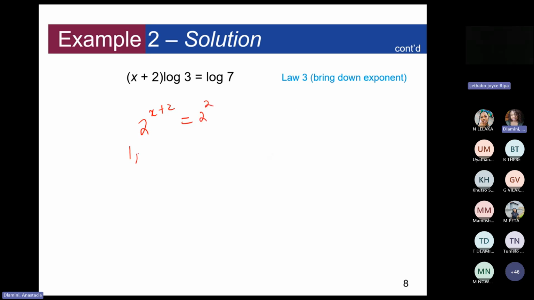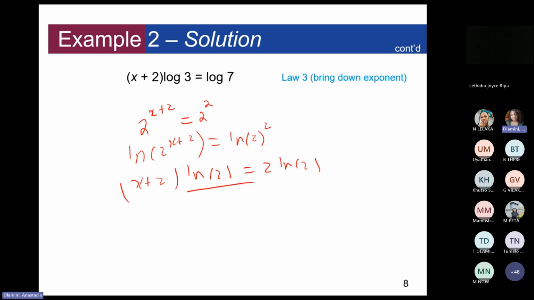If I introduce ln as well, (x plus 2) ln of 2 is equal to 2 ln of 2. Divide by ln of 2 on both sides, so the ln cancels. Then x plus 2 is equal to 2, so x is equal to 2 minus 2, where x is equal to 0.